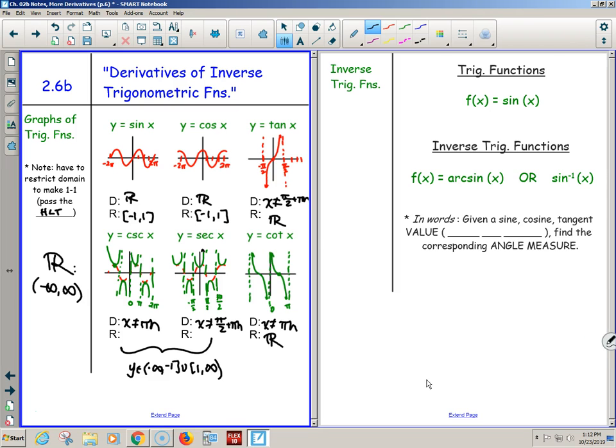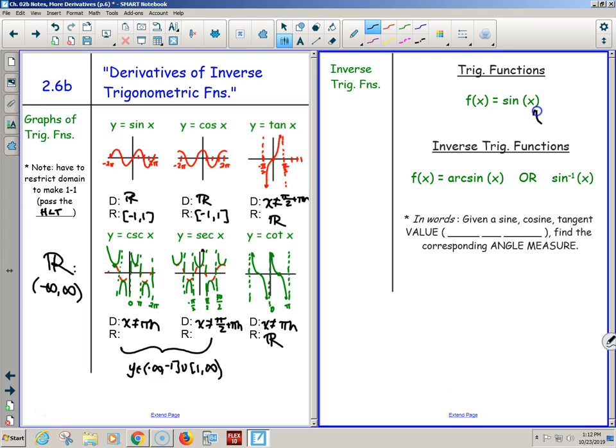Okay, when we come up here, let's see. Normal trig, we plug in angles and we get out ratios of sides. Inverse trig, it's all backwards. We're plugging in ratios.